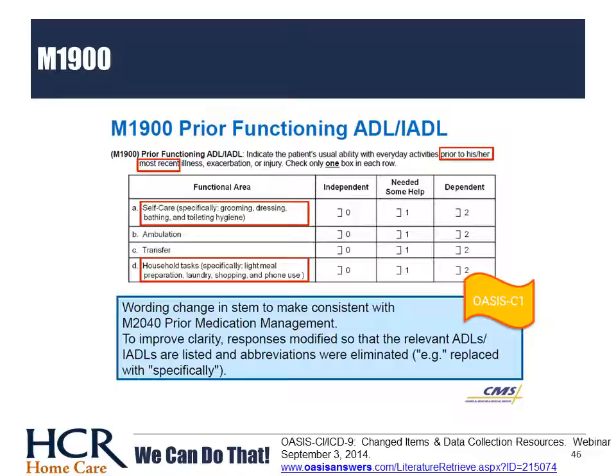The other thing that you can see has changed here is that the i.e. abbreviation has been removed, and you can see now it spells out specifically grooming, dressing, bathing, and toileting hygiene. So it has made it very clear that those are the specific items that you need to be considering to answer this question. Again, in household tasks, you can see the same thing. That specifically item was added in.